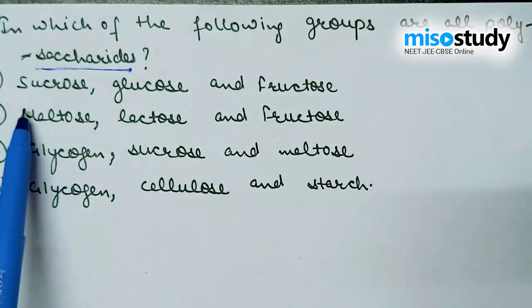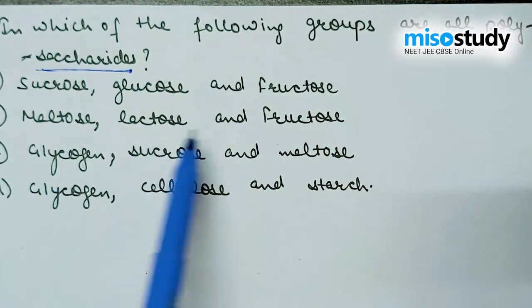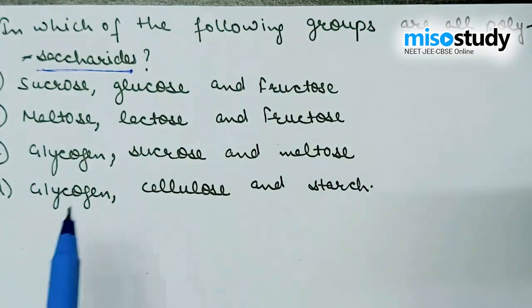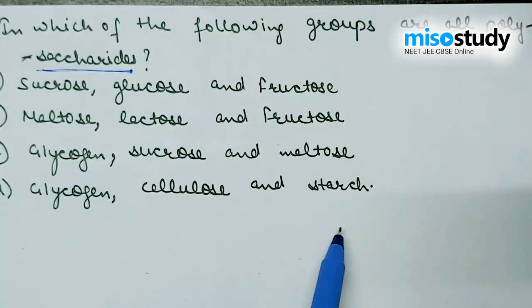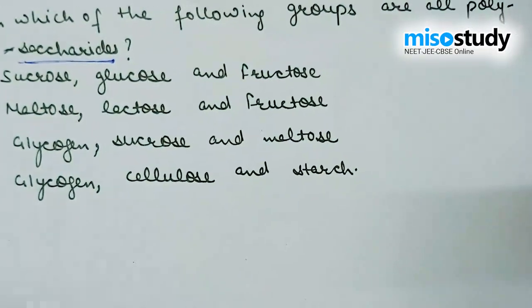The options are A, sucrose, glucose and fructose; B, maltose, lactose and fructose; C, glycogen, sucrose and maltose; D, glycogen, cellulose and starch.